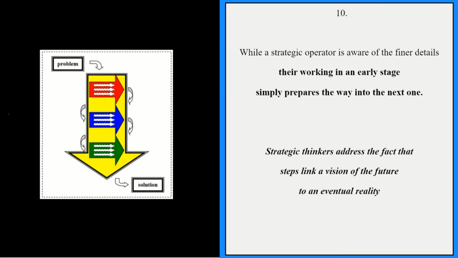While a strategic operator is aware of the finer details, that's the person represented by the large vertical arrow, their working in an early stage is simply to prepare the way into the next one. Strategic thinkers address the fact that steps link a vision of the future to an eventual reality.